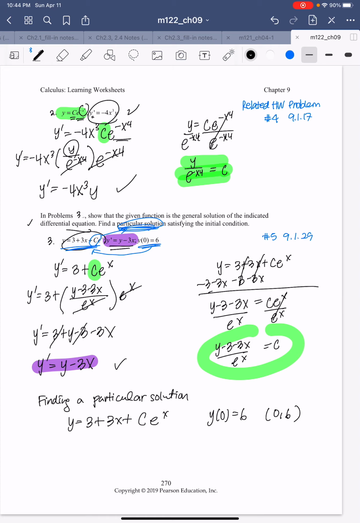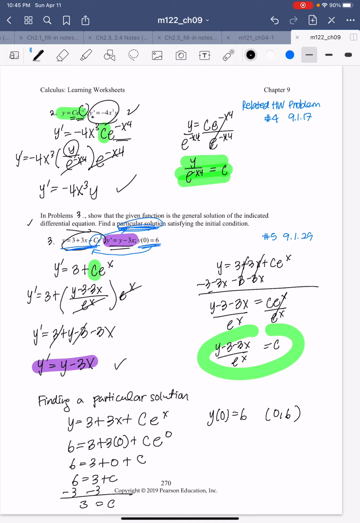So let's plug it in. 6 is equal to 3 plus 3 times 0 plus c times e to the 0. So that's 3 plus 0. Anything to the 0 power is 1, so c. I have 6 equals 3 plus c. Subtract 3. So that means c is equal to 3.